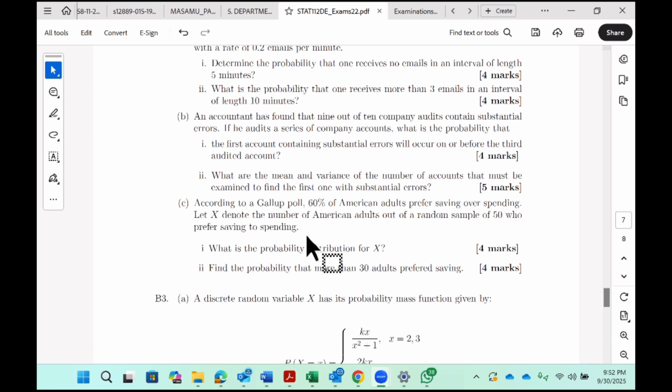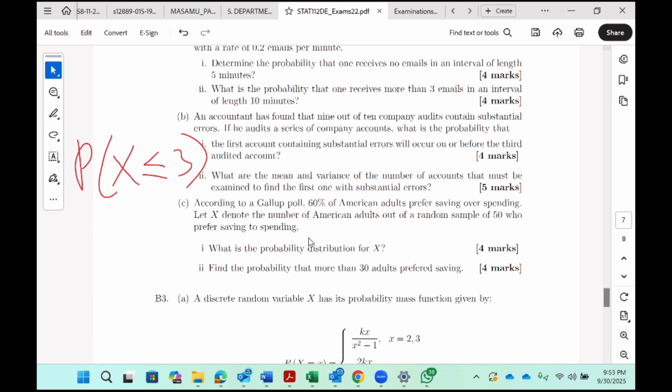So it means that it can happen on the first one, or the second one, or the third one. So we have to find the probability that x is less than or equal to 3, and x follows a geometric distribution with probability 0.9.